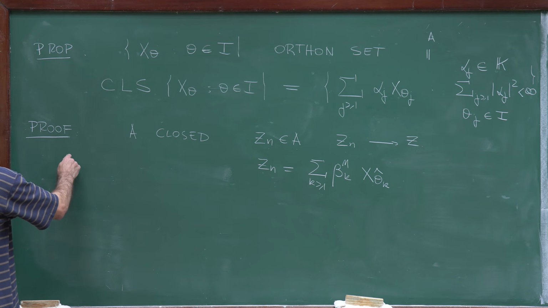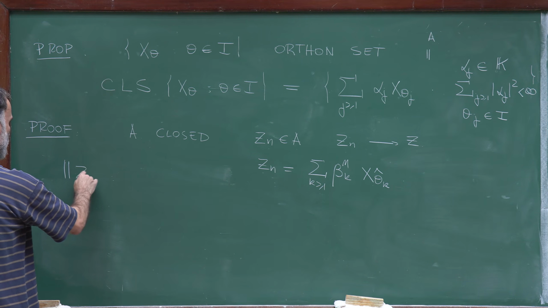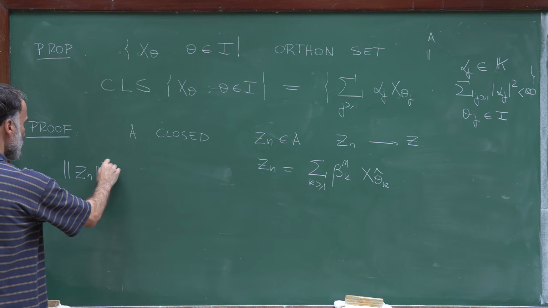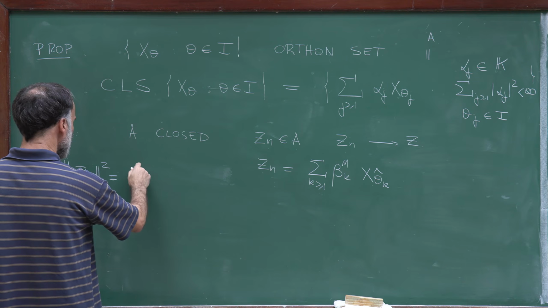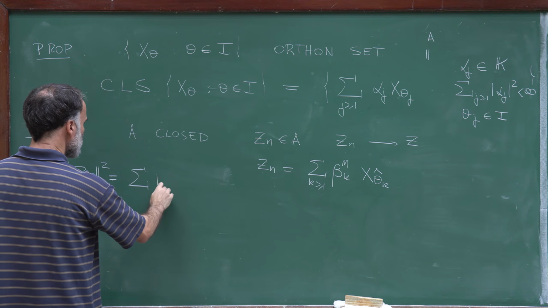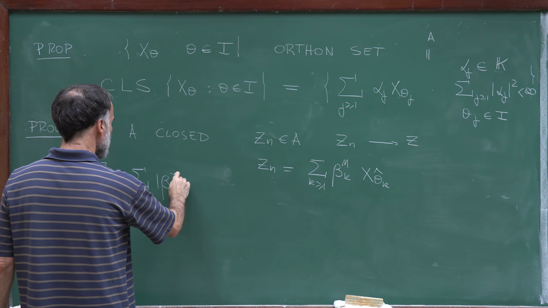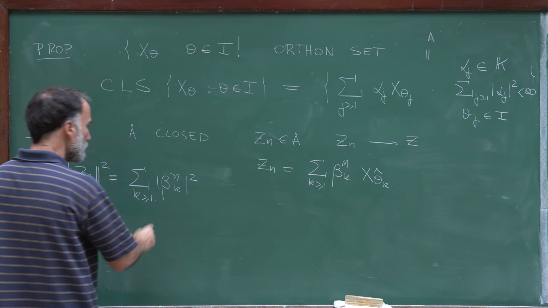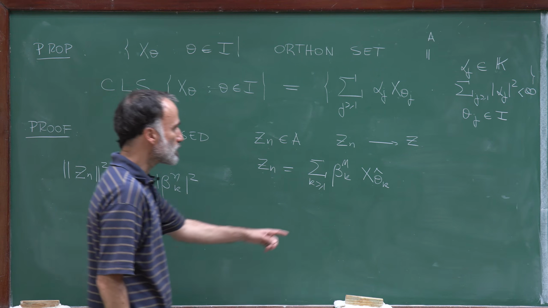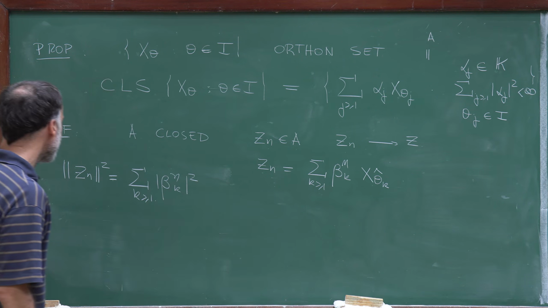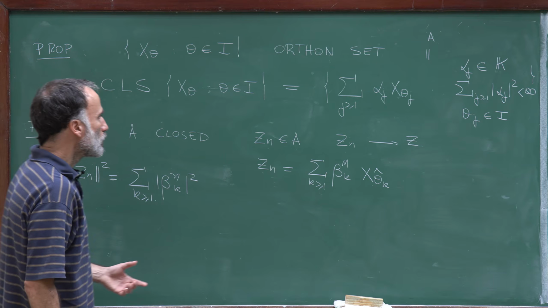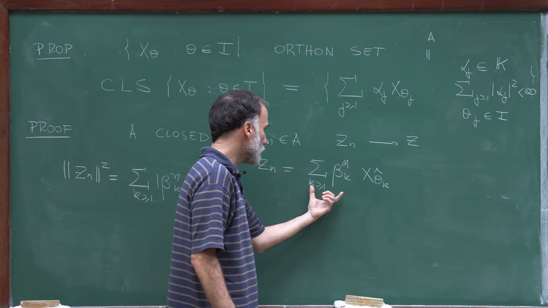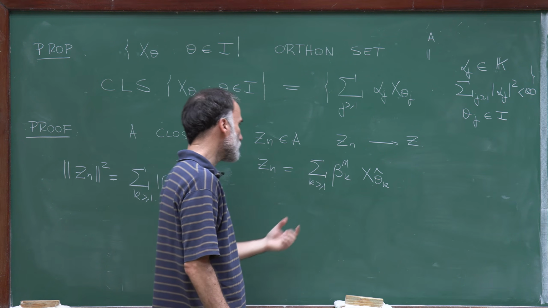Now I claim that the norm of Zn squared is equal to the sum of beta n k squared for k larger than 1, because this family is a family of orthonormal vectors. So we have to recall how we defined these sequences.